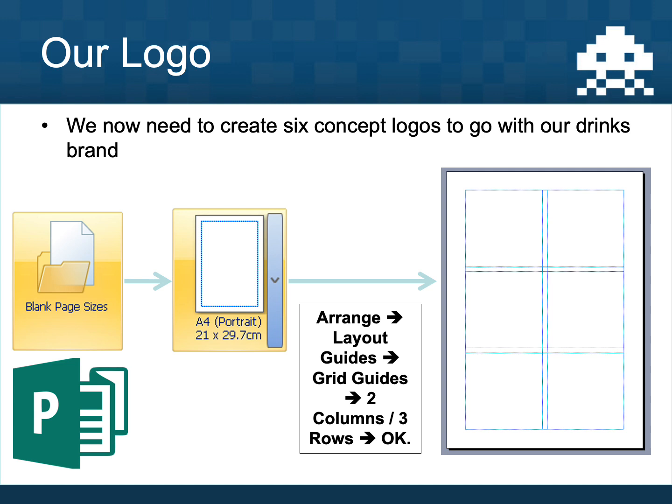You could use a ruler and split your page into 6 boxes that way. You could use Microsoft Word, which is available to all students for free via Office 365. Or you could go online and find one of the many logo creator websites and create 6 separate logos on that website. Have a think now about how you'd like to create your logo, and I'm going to outline what you need to include in a little bit more depth in a second.